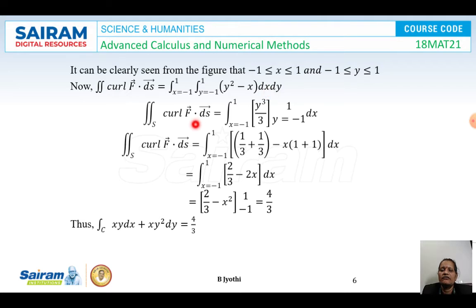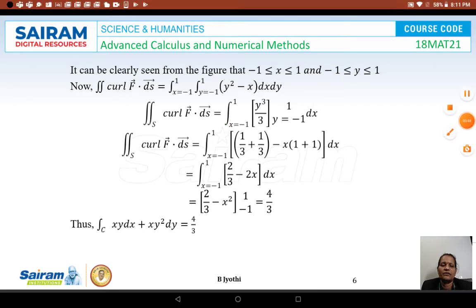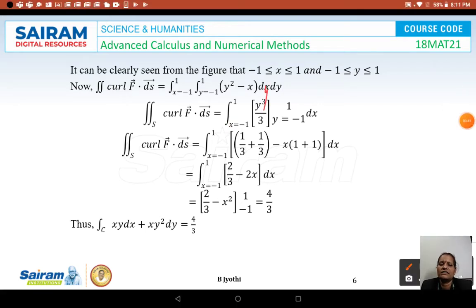That is, first we will be integrating with respect to y. Here the order has to be interchanged, because this has to be y and this has to be x. So when we interchange and integrate, what we get is y cube by 3 minus xy, from y equal to minus 1 to plus 1.